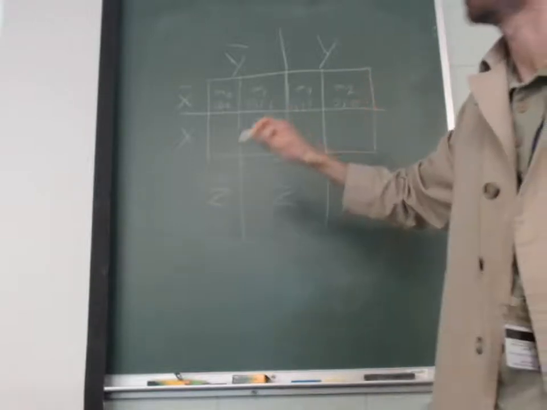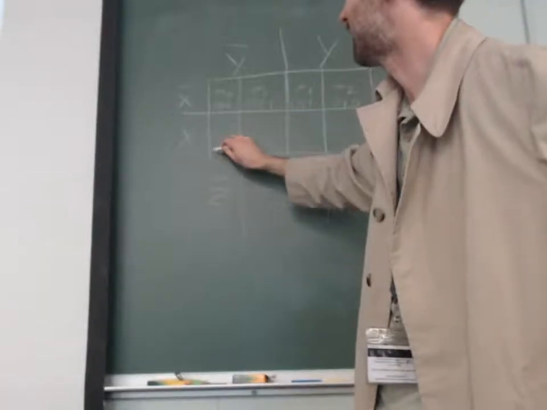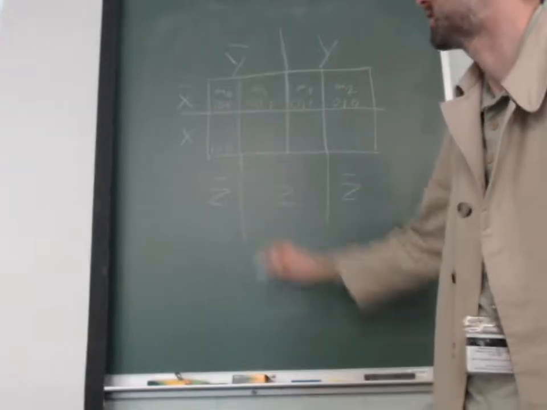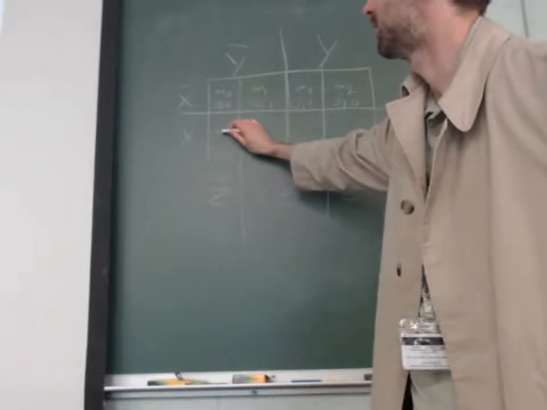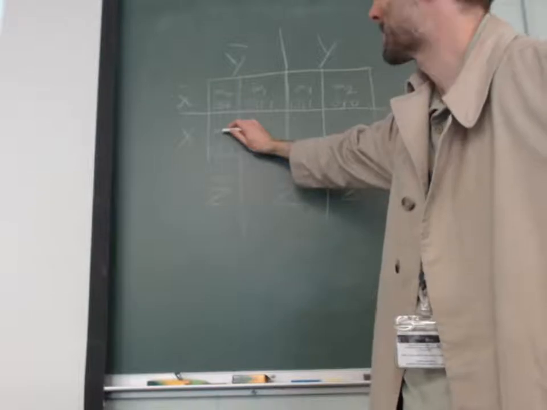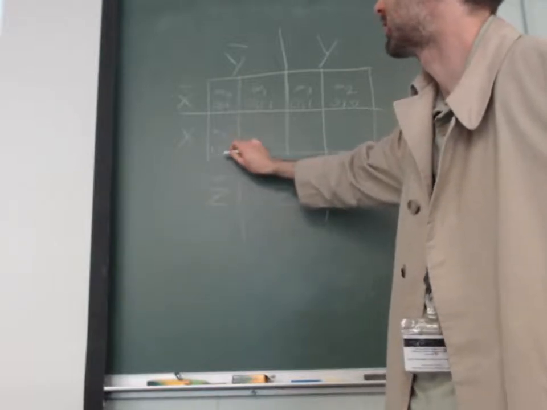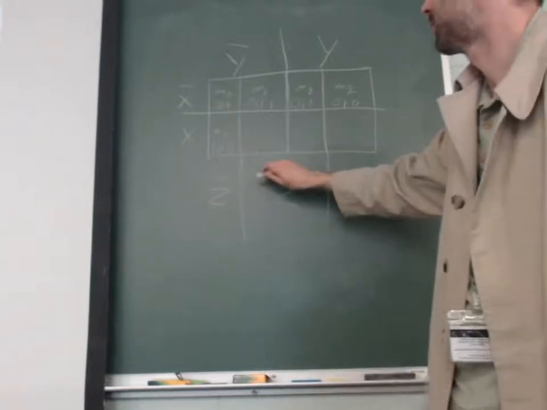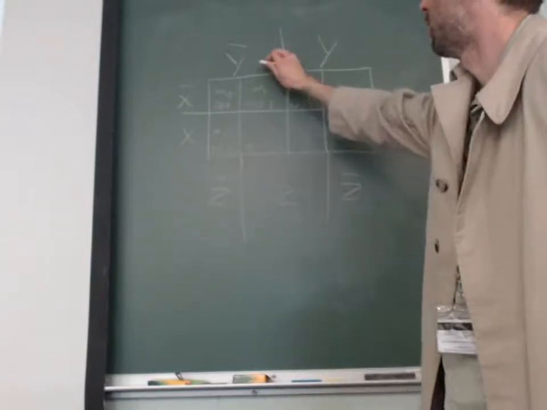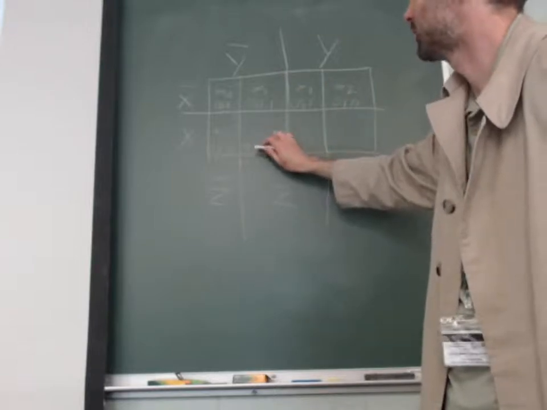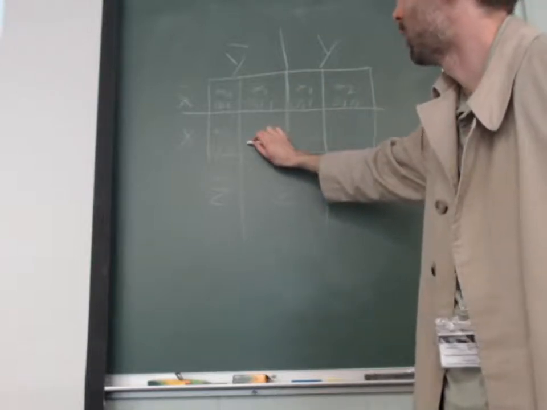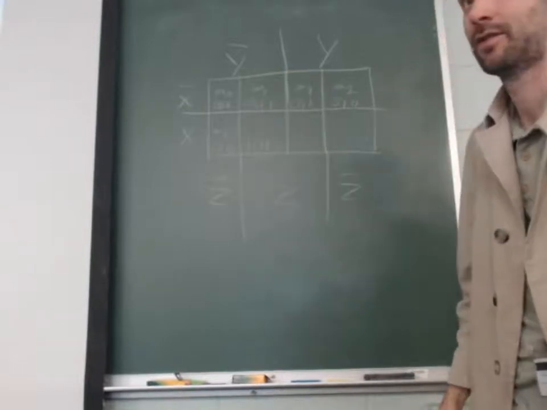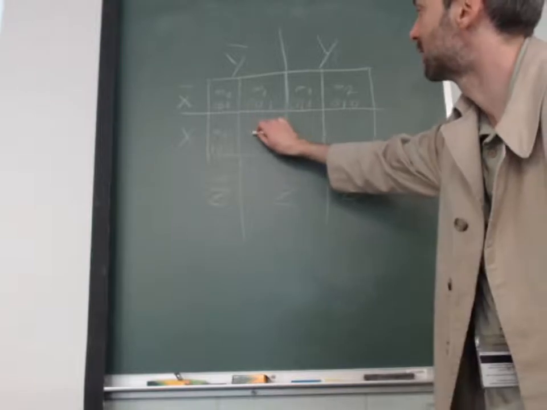All right, we're doing great. Perfect. Here, the X is on, the Y is off, and the Z is off. So that is minterm 4. Sorry. 1, 0, 0, 4, 2, 1. Oops. Let me rewrite that. X is on, Y is off, Z is on, so that is 5.